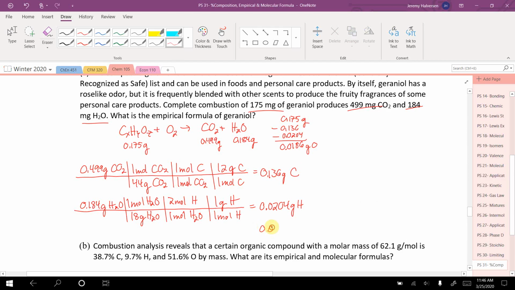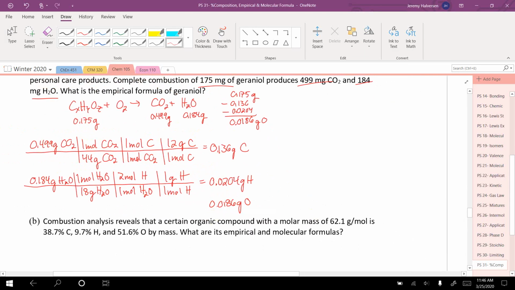So I'm going to add that right here. All right, so now we have our grams of each thing, so now we can find the empirical formula. To find the empirical formula, we need to take grams to moles, divide by the smallest.